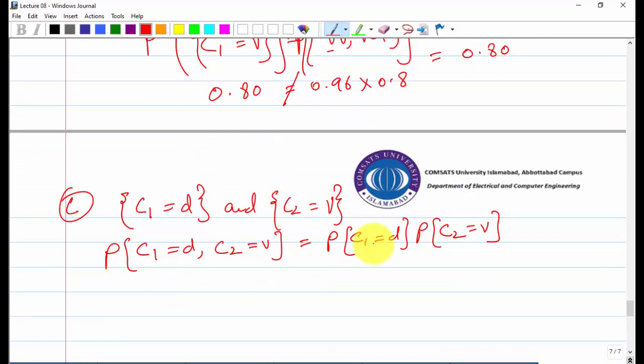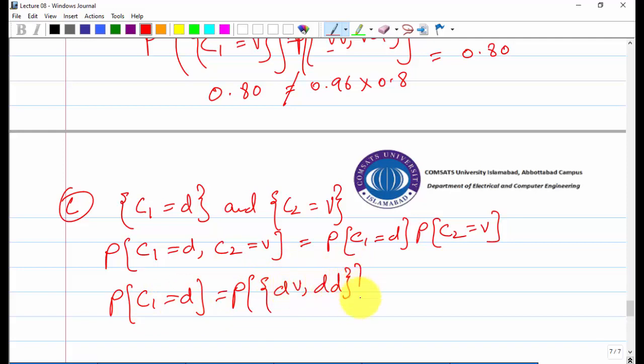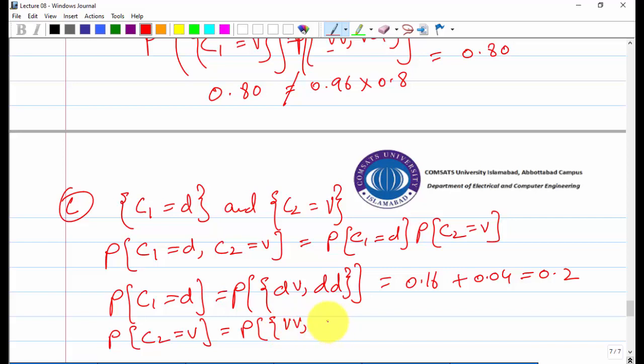We will first define C1 is equal to D, the first packet is a data packet, so DV and DD. Their probability will be 0.16 plus 0.04, which is 0.2. Similarly, C2 is equal to V means the second packet is a video packet, so it will be VV and DV.